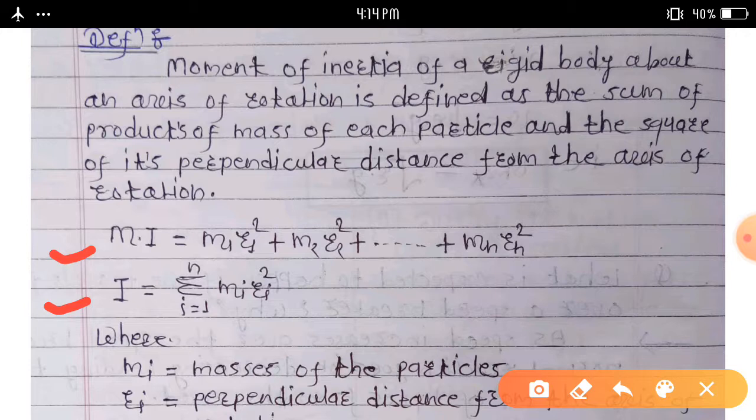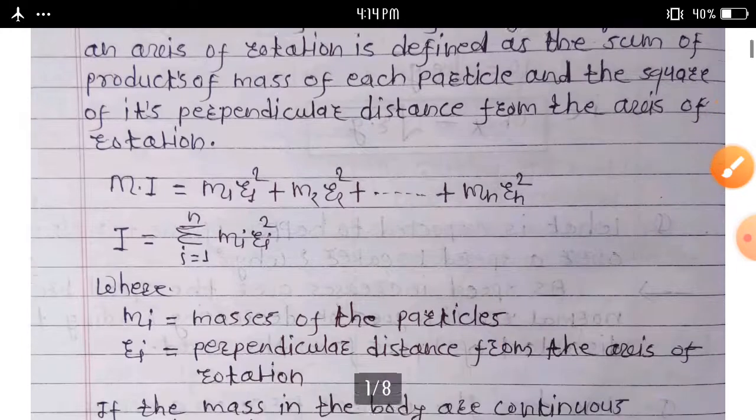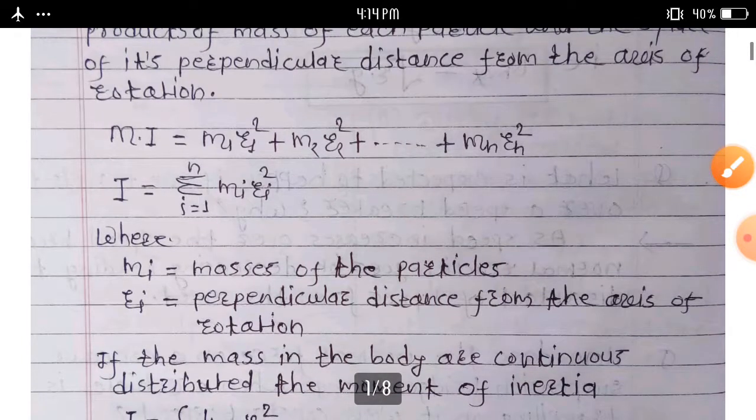Here we can calculate the moment of inertia, denoted by I, equal to the summation of i changing from 1 to n of m suffix i into r suffix i square. This is the formula of moment of inertia. Here m suffix i are the masses of the particles and r suffix i is the perpendicular distance from the axis of rotation.